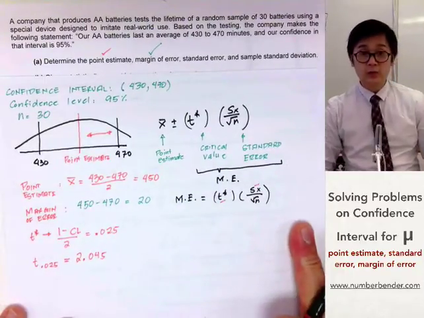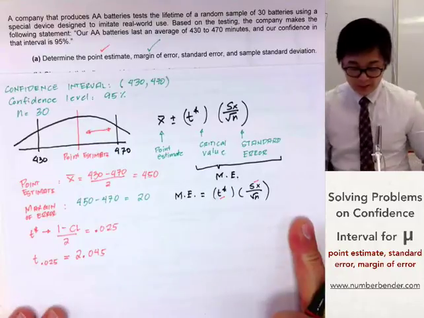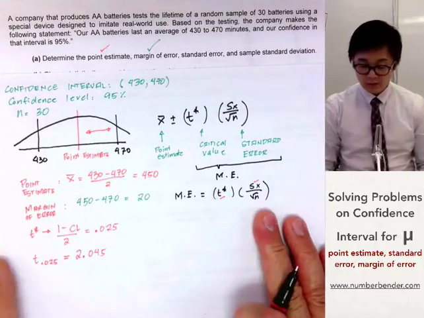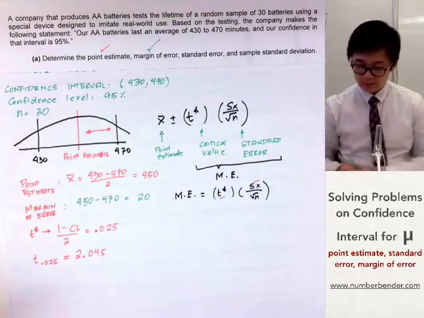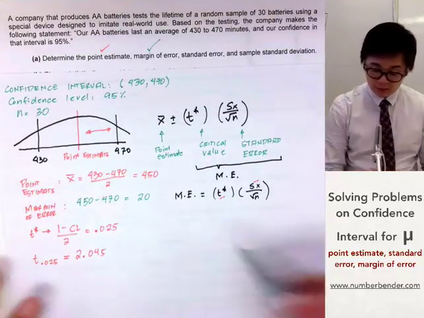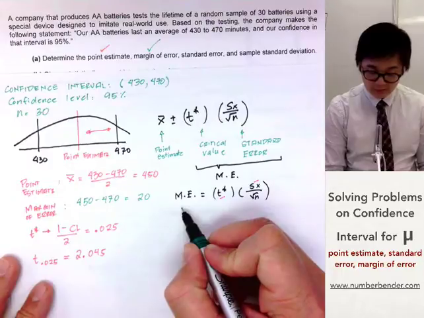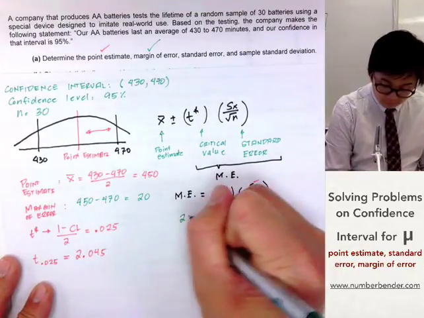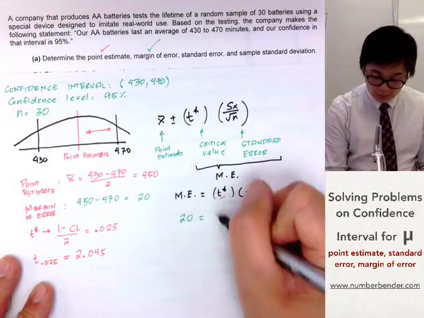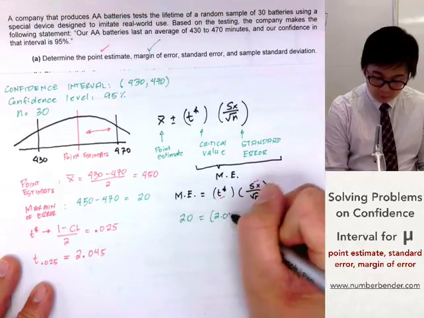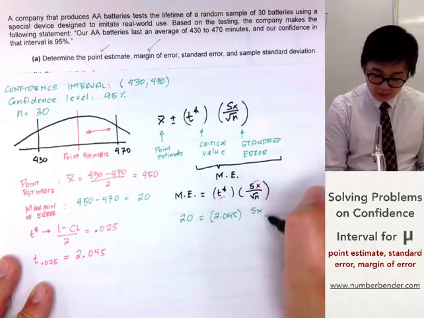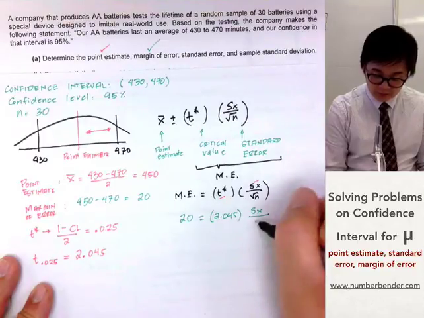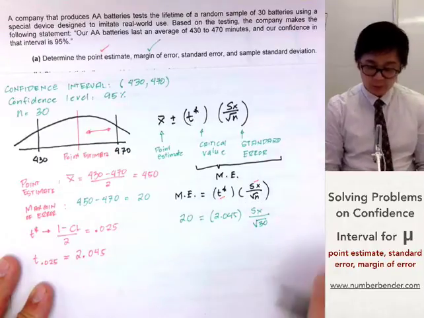So now that we're getting closer to our answer, let's go ahead and plug into the equation and see if we can solve it. The margin of error, we know, is 20, equal to t star, which is 2.045. We don't know the standard deviation of the sample, and we're going to find it using algebra. n is 30, so we can also plug that in.